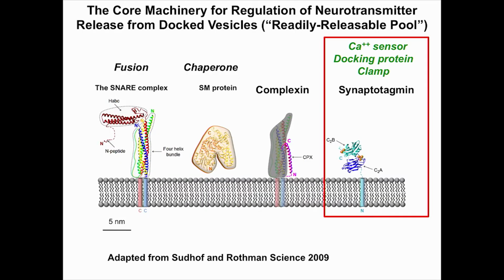Now, there are, of course, other pieces of machinery besides the SNARE complex that operate in and around the SNARE complex. There are many, actually, to regulate its assembly and disassembly. The universally conserved component, there is only one, is called an SM protein. And I won't go into any details about these.